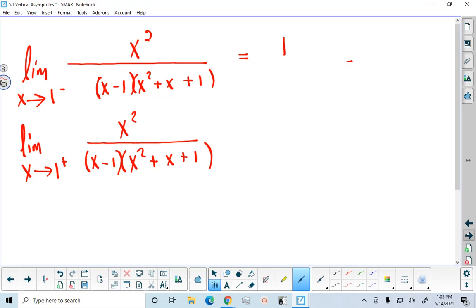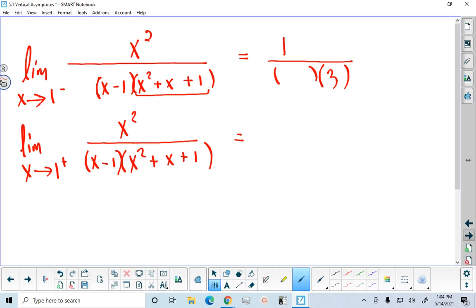Now, what happens when I put a number very close to 1 into this factor is I get something that's very close to 3, because a number very close to 1 squared plus a number very close to 1 plus 1 will give you 3. I'm going to leave this part alone just for a minute.